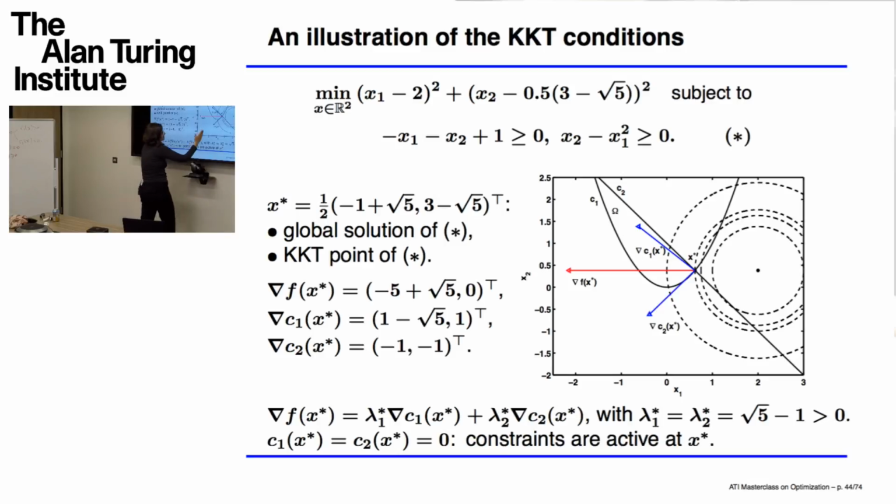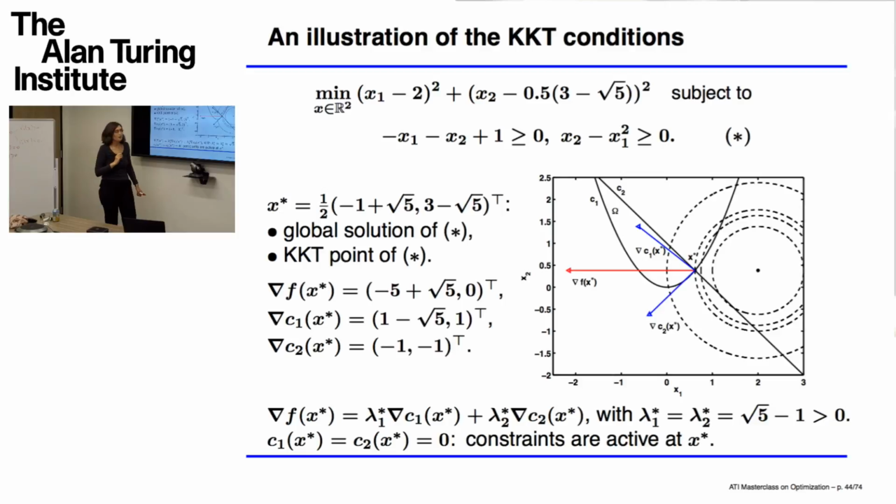At this point, orthogonal to the tangent is the gradient of the objective. And then we can calculate constraint gradients. These are inequality constraints, but they are both active at that point, so they will both come into this linear combination. And we can see that this vector lies in the cone spanned by these vectors.